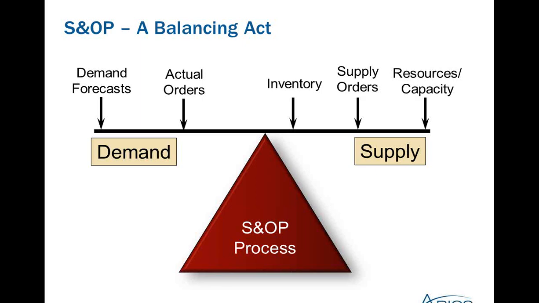On the other side of the process is supply. And we have supply orders, manufacturing work orders and purchase orders, and we have resources and capacity to run those orders through.